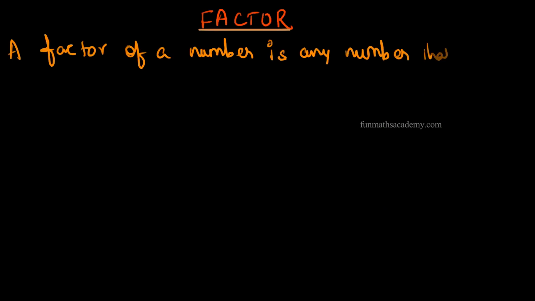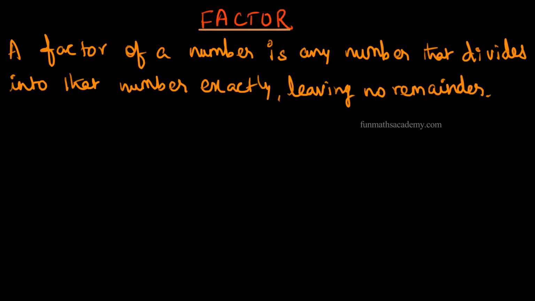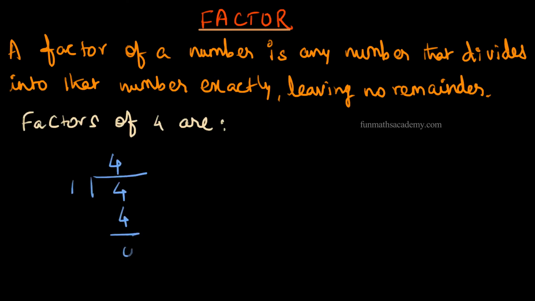A number that can divide a number perfectly is called a factor of that number. That is, the divisor of a number will give a remainder 0 when divided, and that number is called a factor. For example, consider the number 4. When 4 is divided by 1, the remainder is 0. So, 1 is a factor of 4.